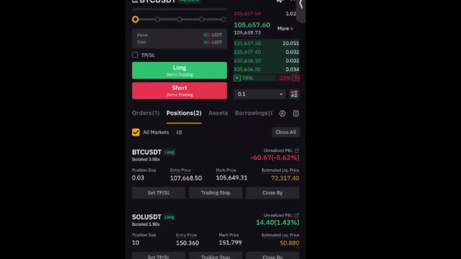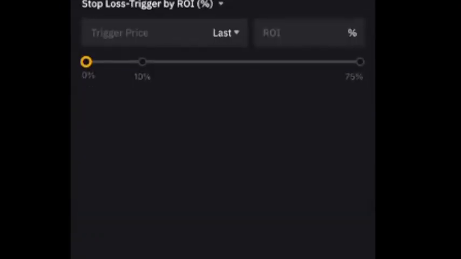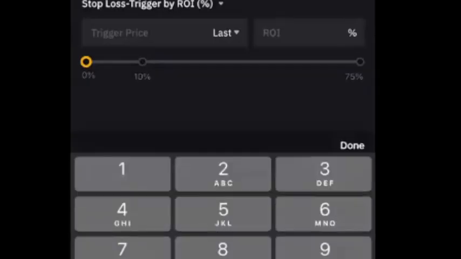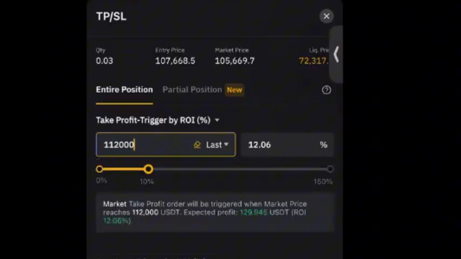If you wanted to sell this contract, you click set TP / SL. That's set take profit / stop loss. Now, let's say, for example, Bitcoin was going to get to $112,000.